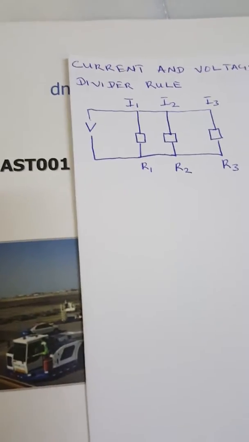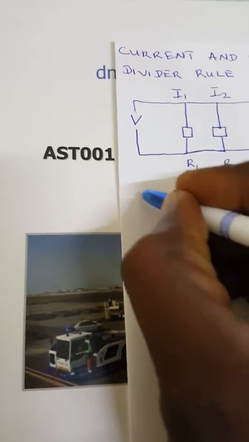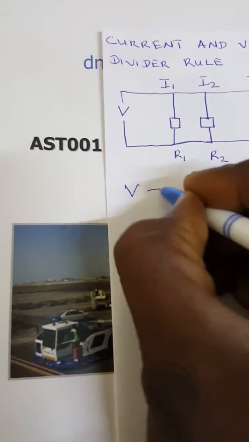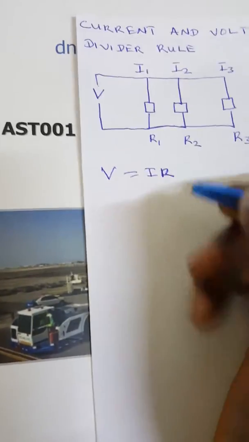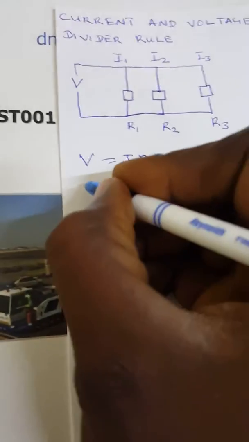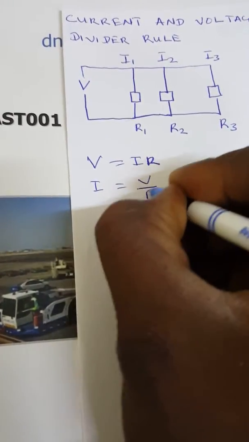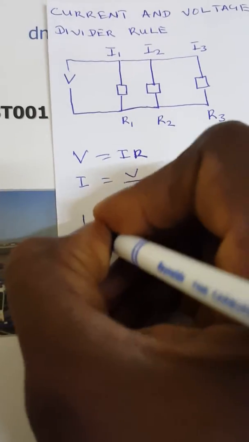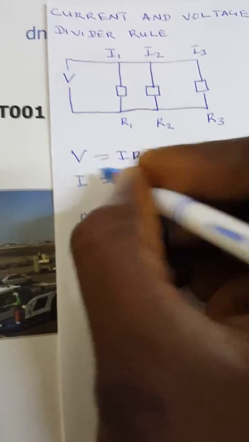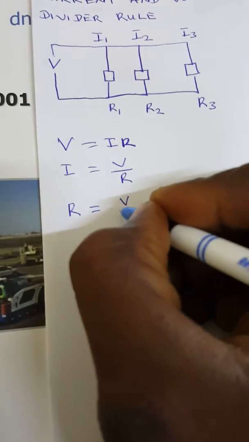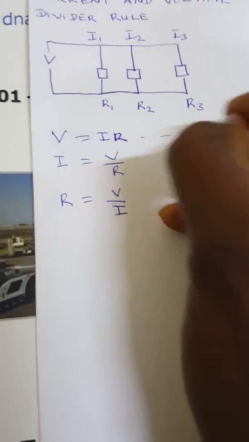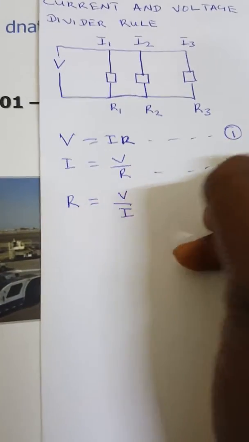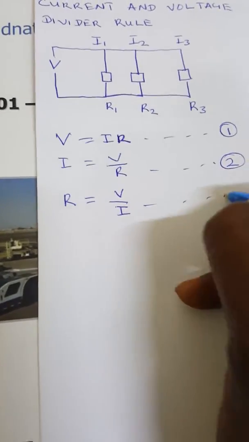According to him, V is equal to I R, where I is equal to V over R, and R, which is the resistance, is equal to V over I. Let's say this is equation 1, this is equation 2, and this is equation 3.